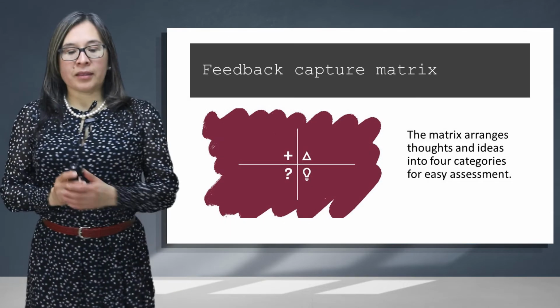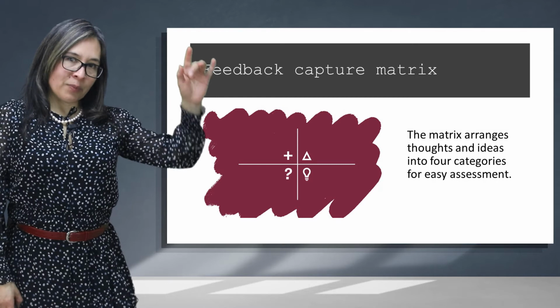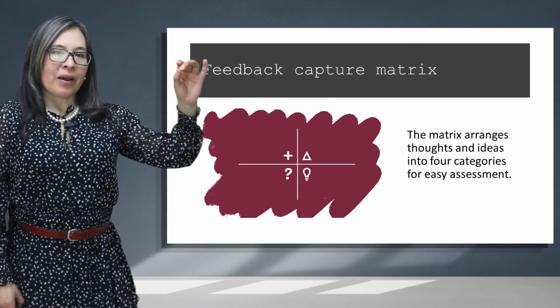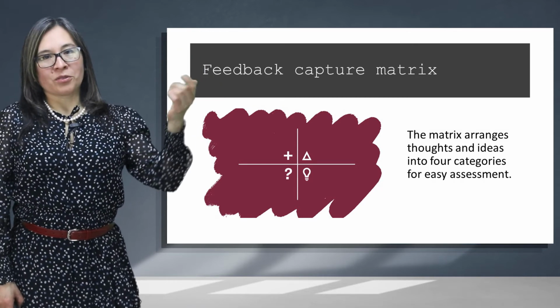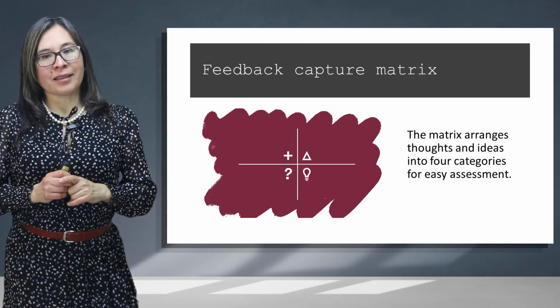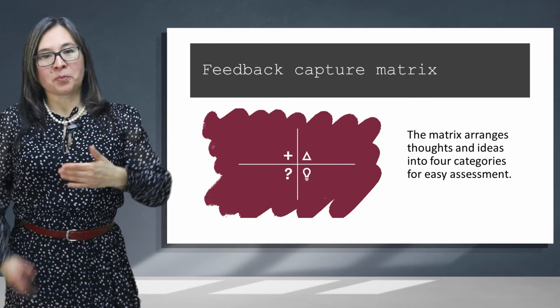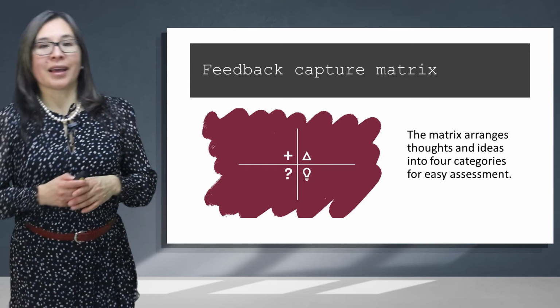Consider developing this 2x2 matrix where you identify in the plus sign what the users like. In the delta sign, you can identify what they would change, or what you would change based on the observations that you had.